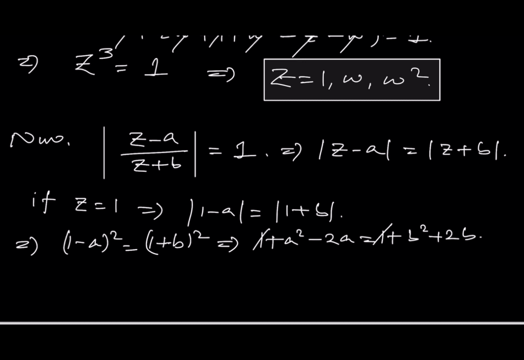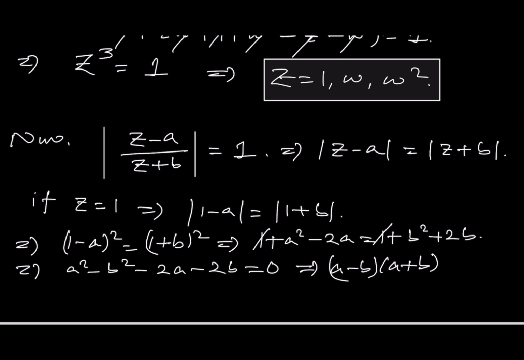So a square minus b square minus 2a minus 2b is equal to 0 gives you (a minus b) into (a plus b) minus 2 times (a plus b) is equal to 0.